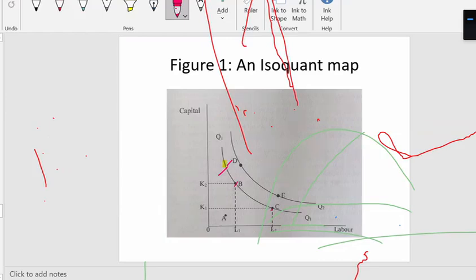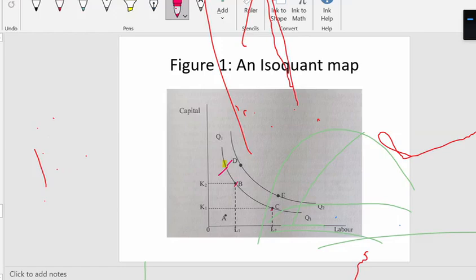What does it mean? If you want to produce at this level, let's say this is labor, this is capital. That means we have employed labor and the capital to produce a certain level of output. Here, let's say QB.